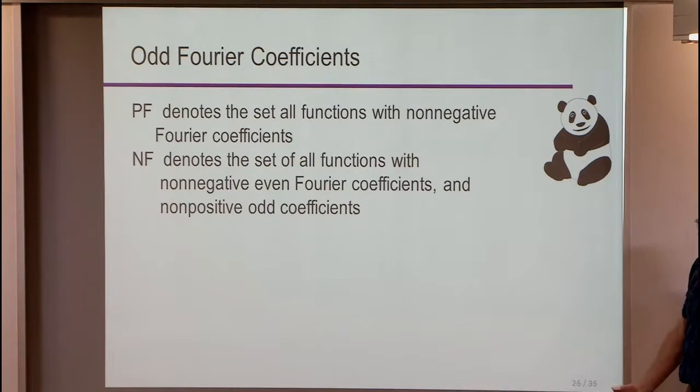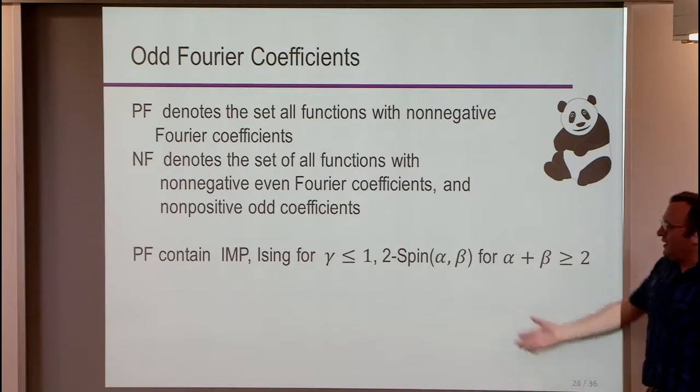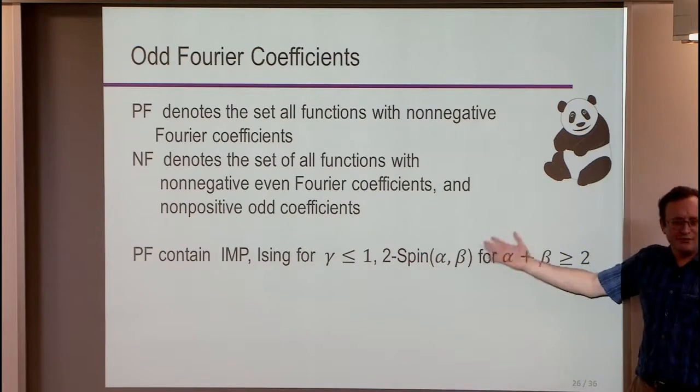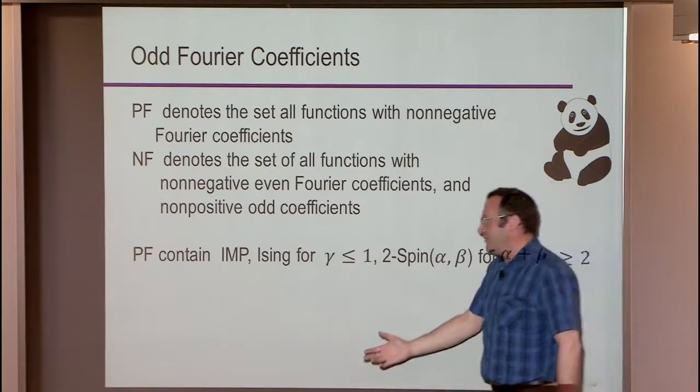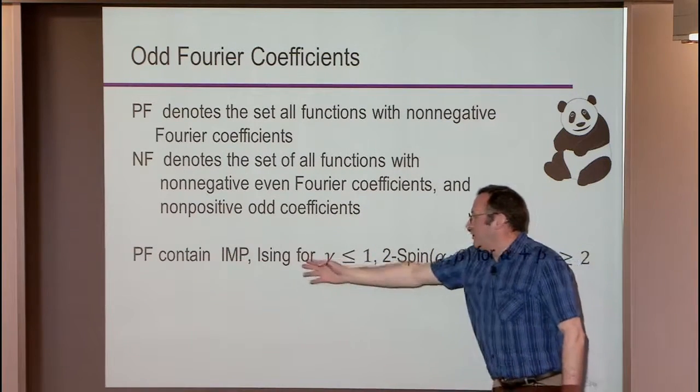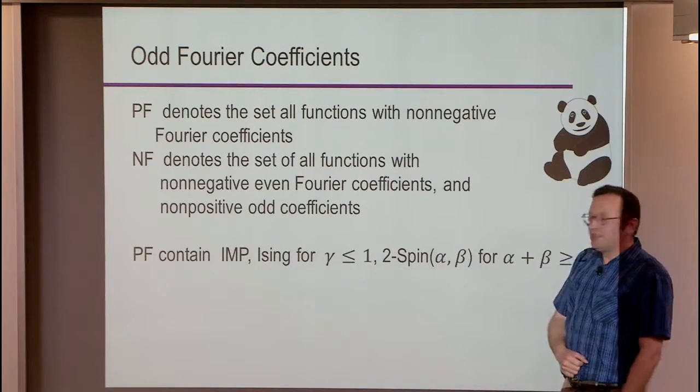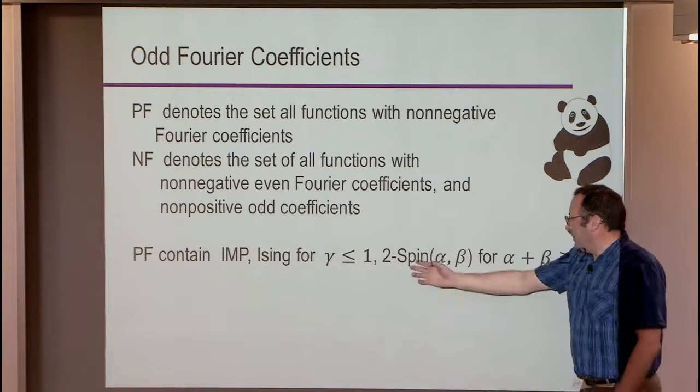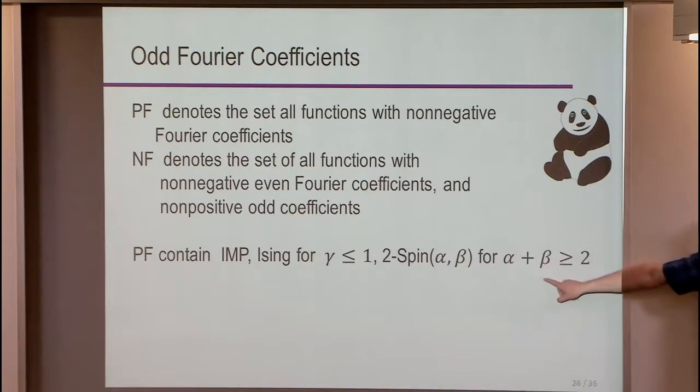Why are they interesting? Again, they contain some interesting cases. Say PF contains imp, anti-Fraser, and 2-spin in this interesting case, which is a slightly weaker condition than alpha times beta is greater than 1.